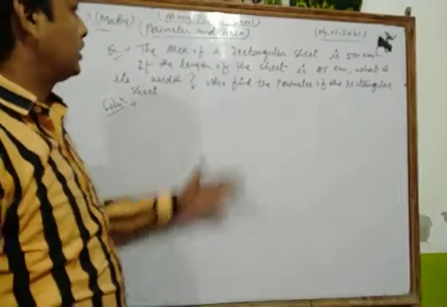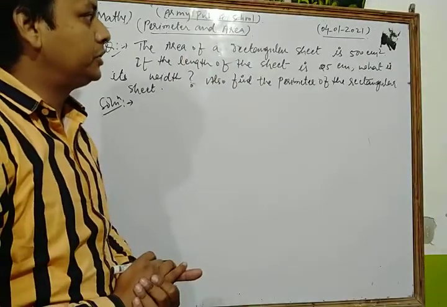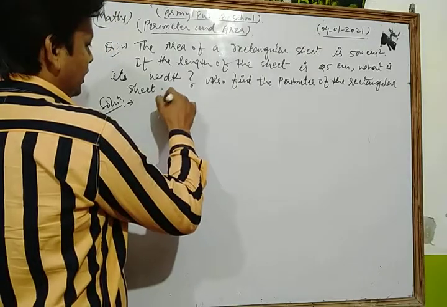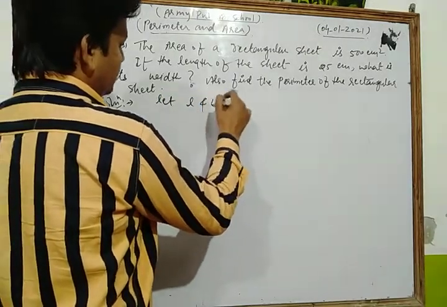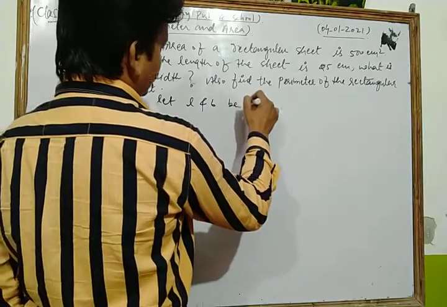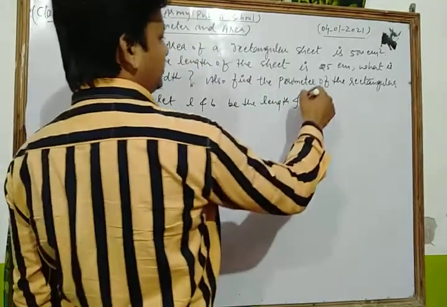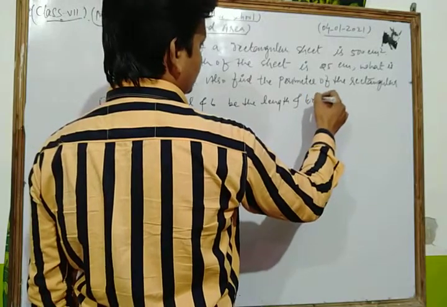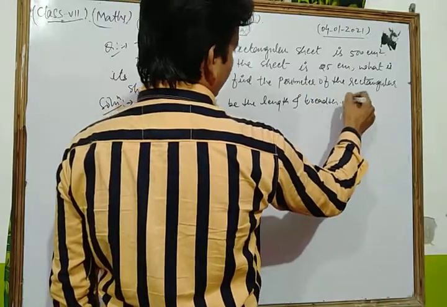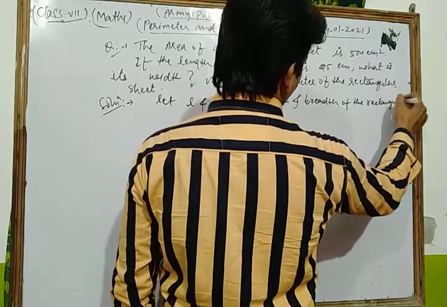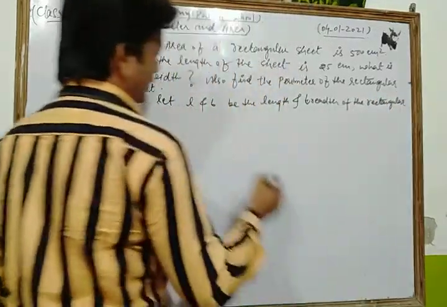Let's see, dear student, the solution. Here the area of the rectangular sheet is given as 500 centimeter square. First of all, let L and B be the length and breadth of the rectangular sheet.